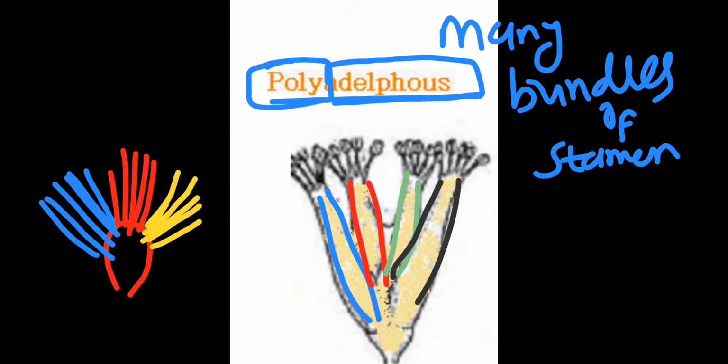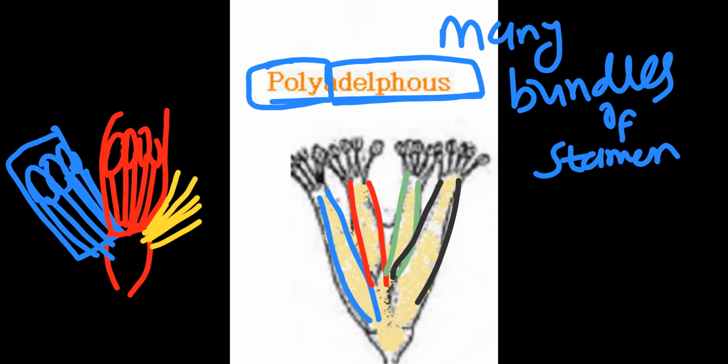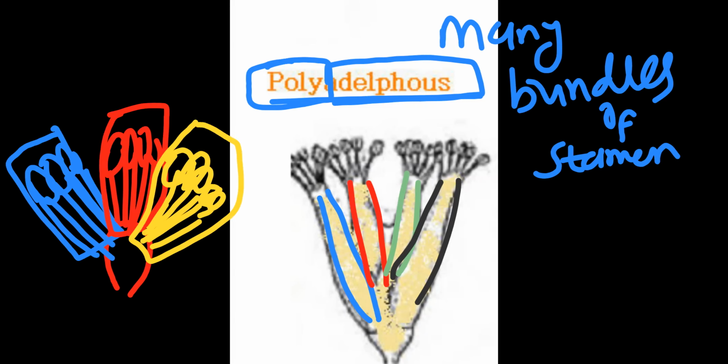Now, these 15 stamens make 3 bundles. In that, this is it over here, all are fused with each other and make one bundle. These stamens are fused with each other, make another bundle. And these, all yellowish color, all are fused with each other, make another one. So in a way, we get 3 bundles, 1, 2, and 3.